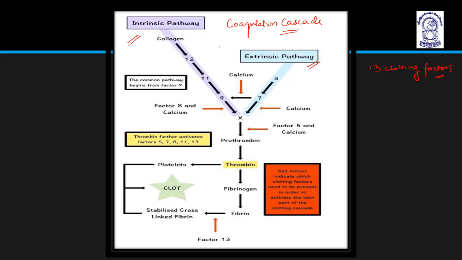The intrinsic pathway and the extrinsic pathway are activated by different types of stimuli.